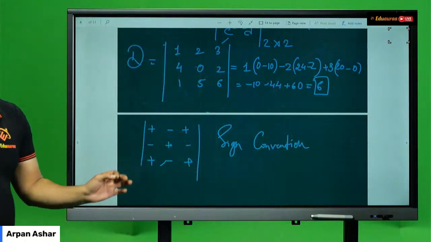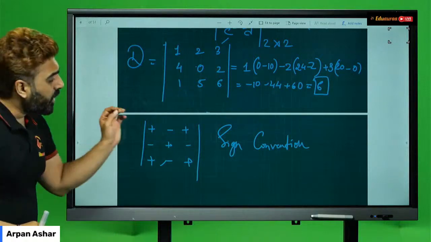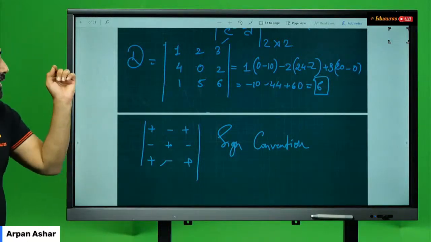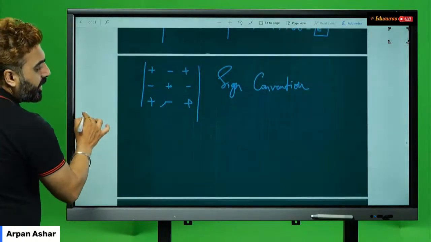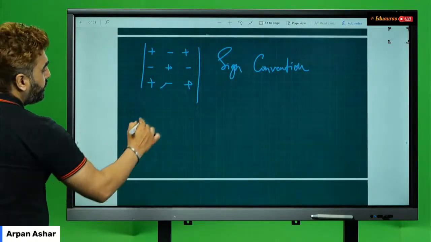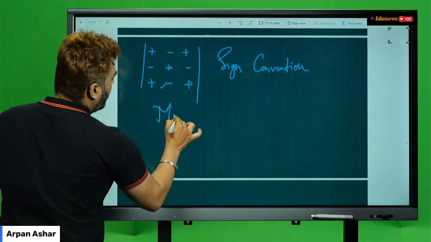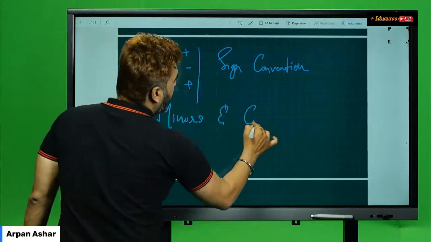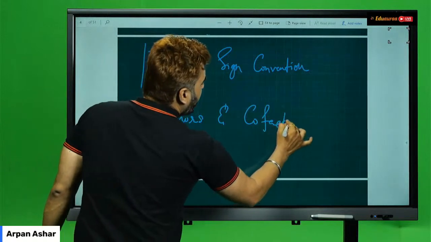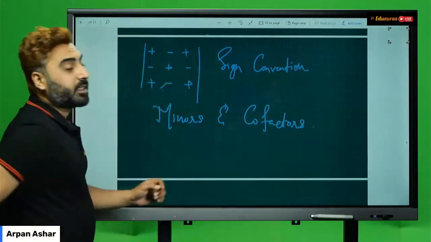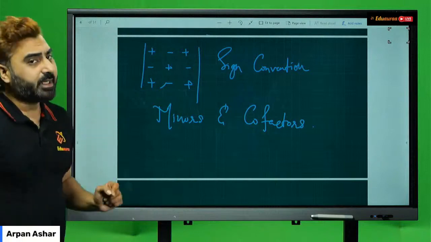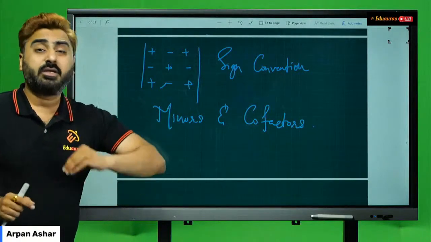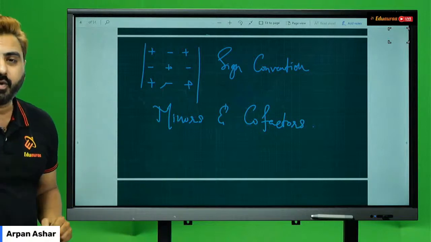for finding determinant value. Now once you use this sign convention, there is the next part of determinant, and the next part of that determinant is finding minors and cofactors. So ये minors और cofactors क्या है? So basically this minors and cofactors are a path to find some value related to determinants.